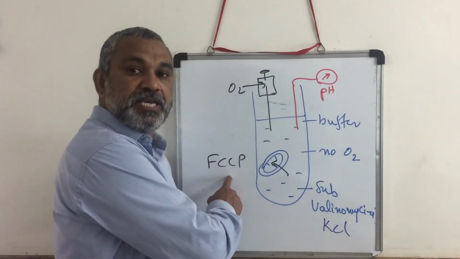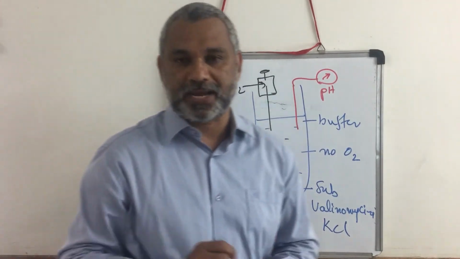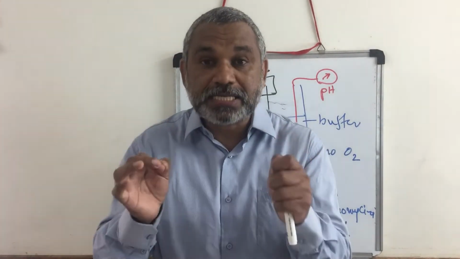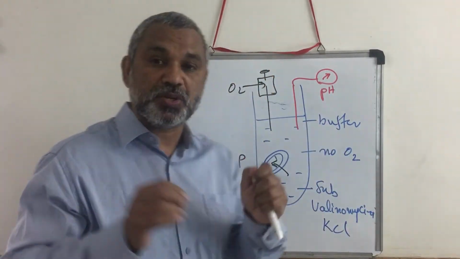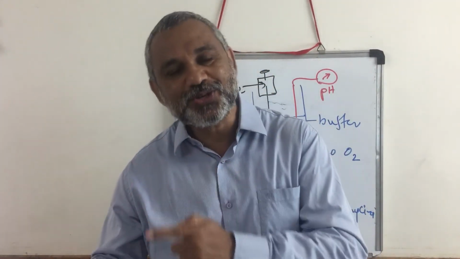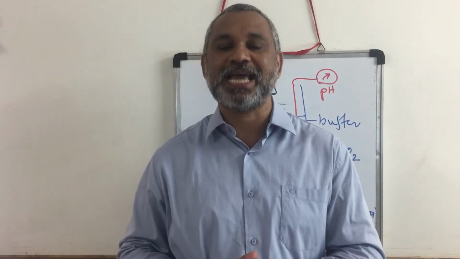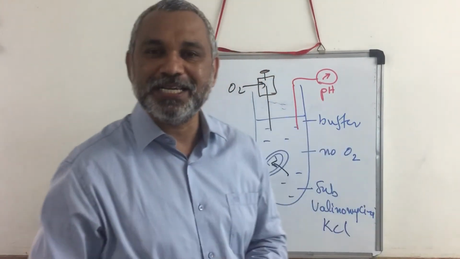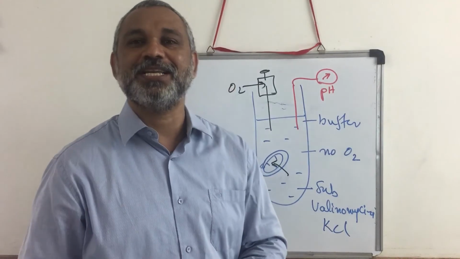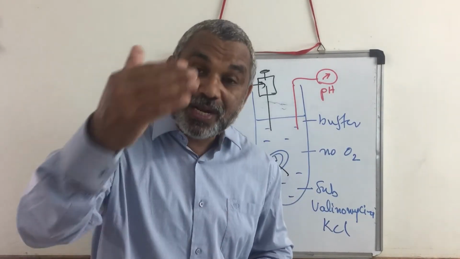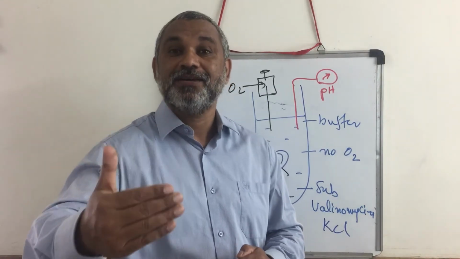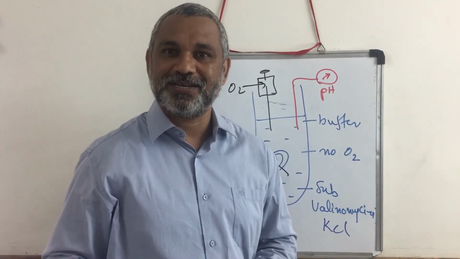So FCCP is used in order to pump back. We know exactly what amount of oxygen has been pumped into the system. Based on this, calculations are carried out in order to find out the amount of oxygen utilized and the decline in pH. So this will give us understanding about oxidative phosphorylation.